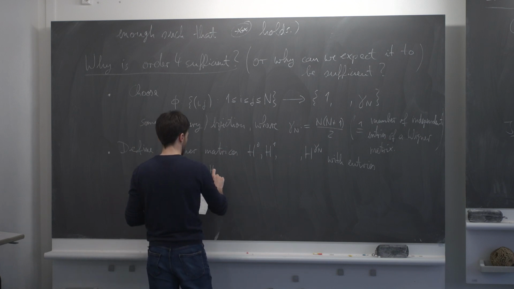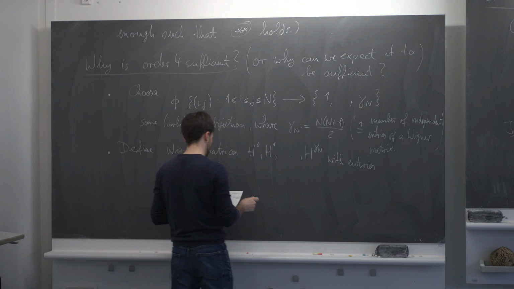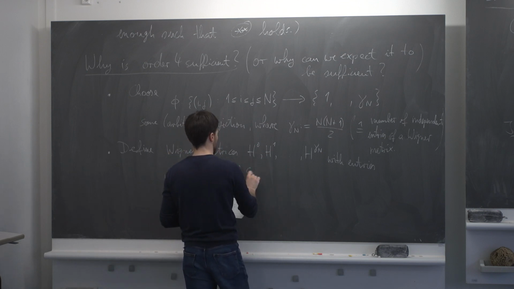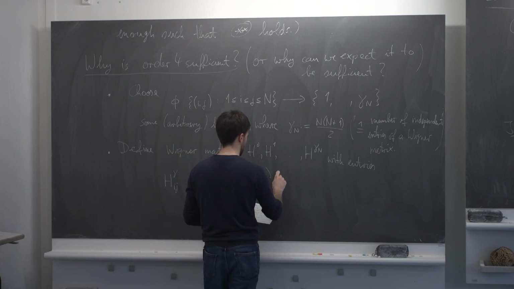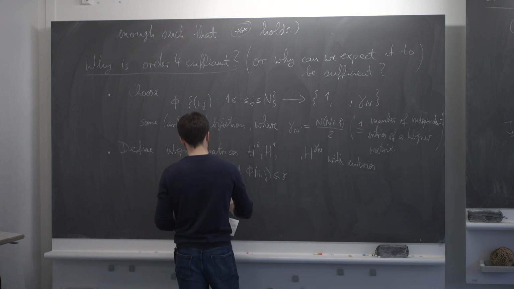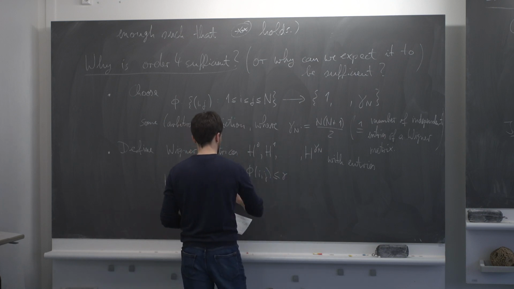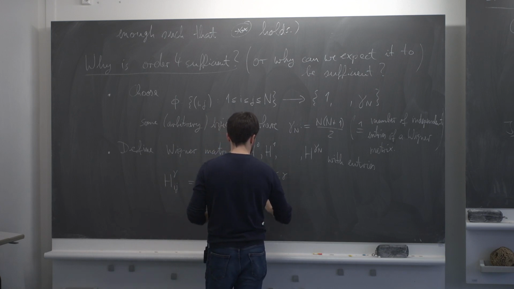It will be Hij prime if phi of ij is smaller than gamma, and it will be Hij if phi of ij is bigger than gamma.